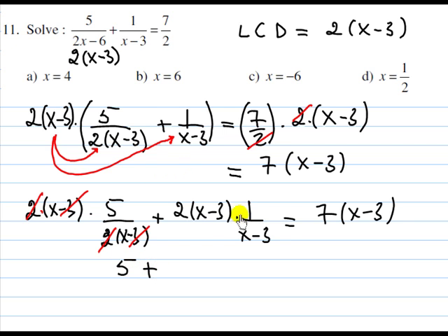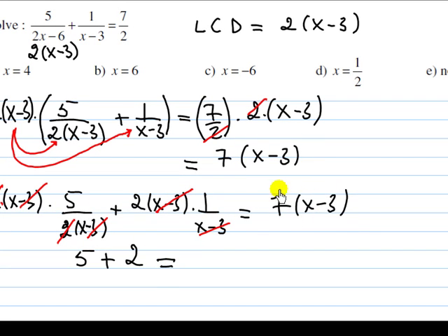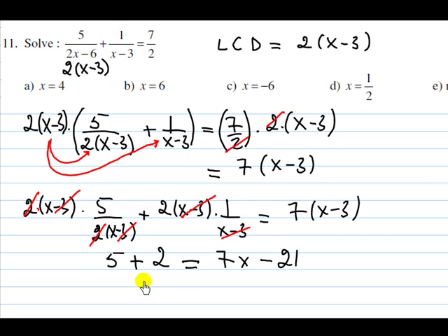Here we can cancel x minus 3, so what is left is 2 times 1, or just 2, equals. Now we can distribute the right side, so we get 7 times x, and 7 times negative 3 is minus 21. Combining the like terms, we will have 7 equals 7x minus 21.